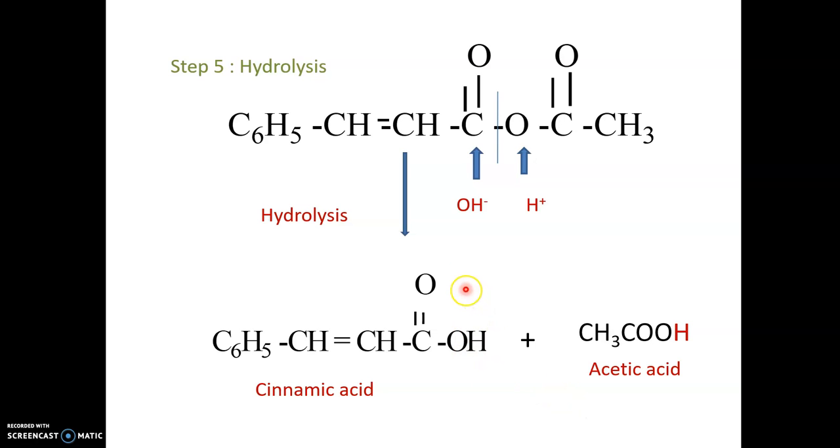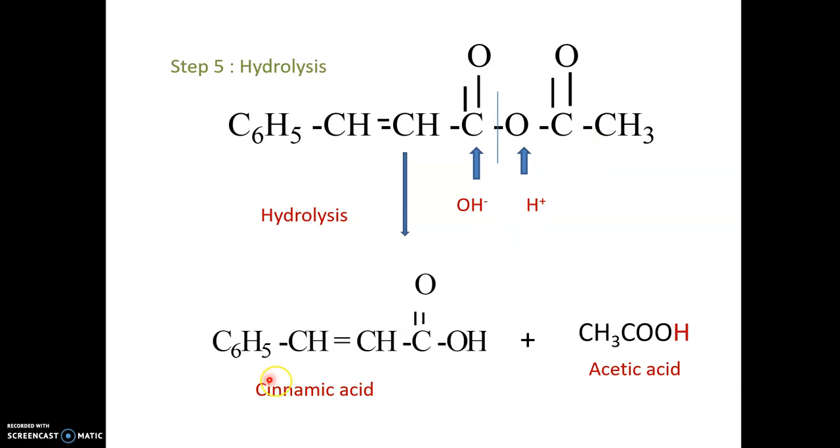So the last step is the hydrolysis. So this big unit we are going to break in presence of water, and hence we call it by the name hydrolysis. So here students kindly remember, this is the breaking point. Upon the breaking there will be addition of OH to the benzaldehyde moiety and a proton is added to the other side.